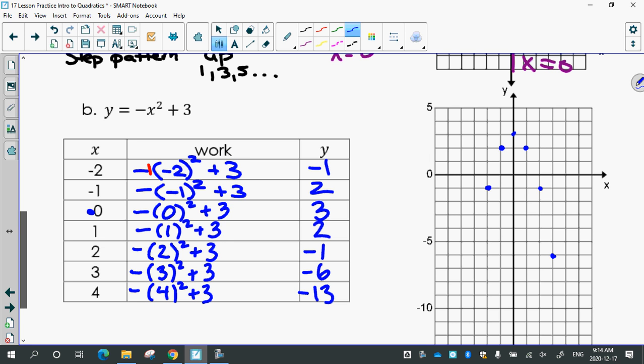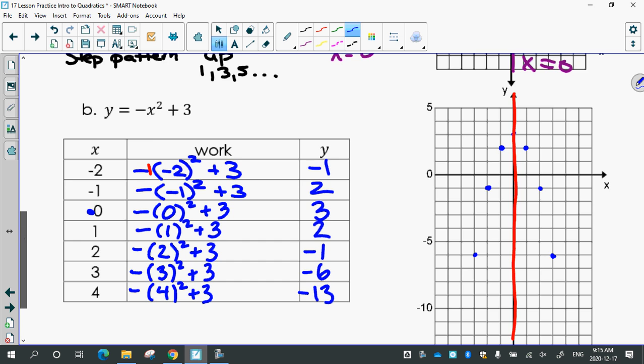So if there's a point here, because of the mirror line, what do we know about over here? If there's a point 3 away from the axis of symmetry on this side, do you guys agree there's going to be a point 3 away from the axis of symmetry on that side? Because it's a mirror, right?